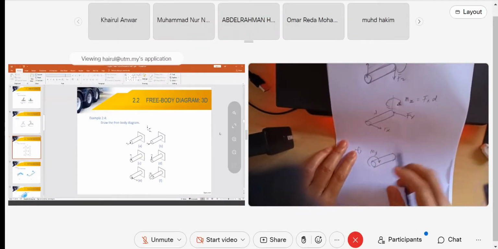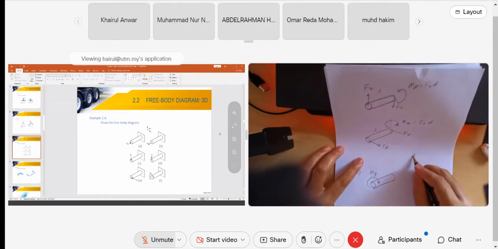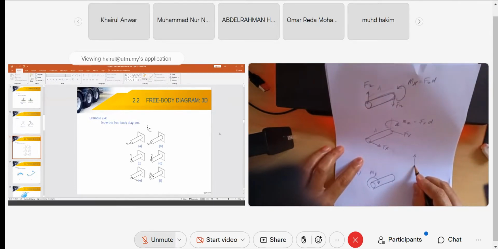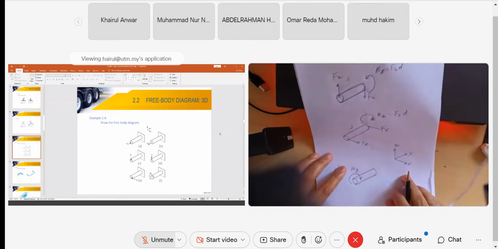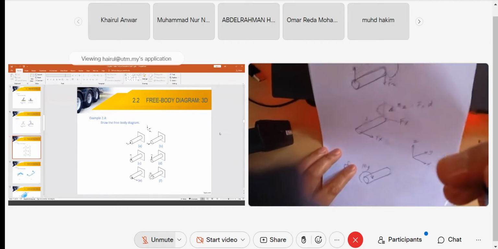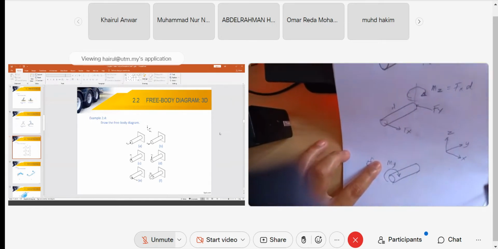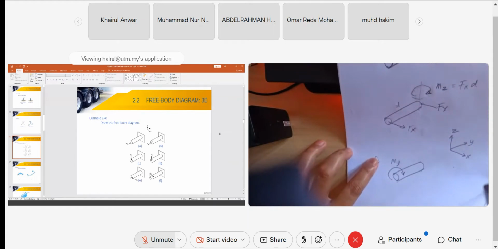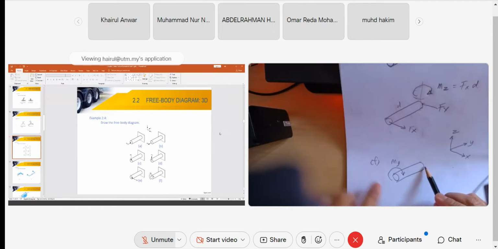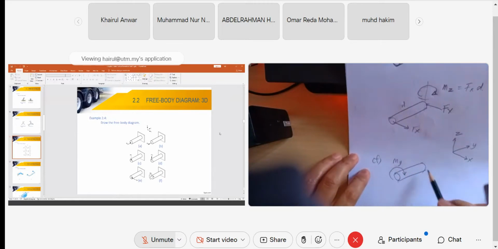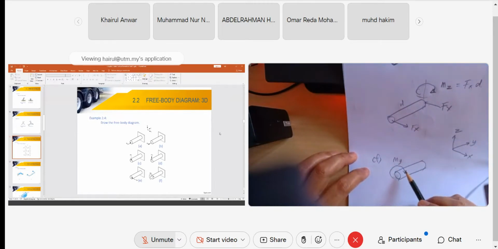Since our axis is like this, X, Y, Z, that's why this is moment Y. At the end, for F we don't have any force, no Fy, Fz, Fx. We only have moment. We can call this torque; moment and torque are the same as force times distance.